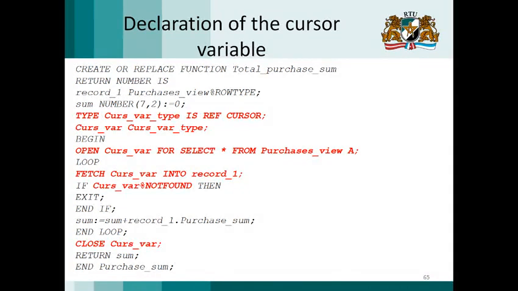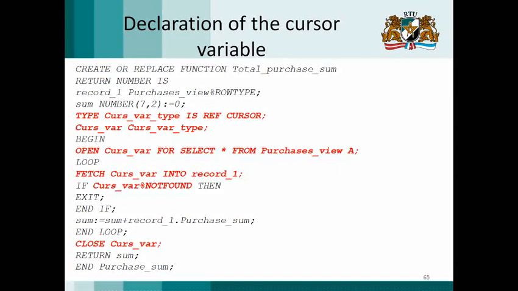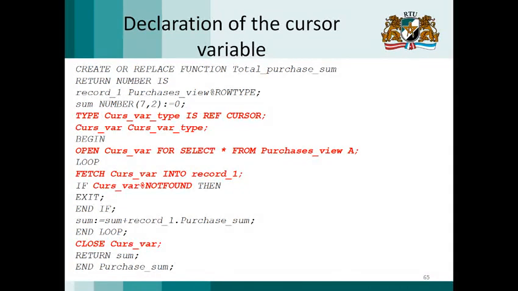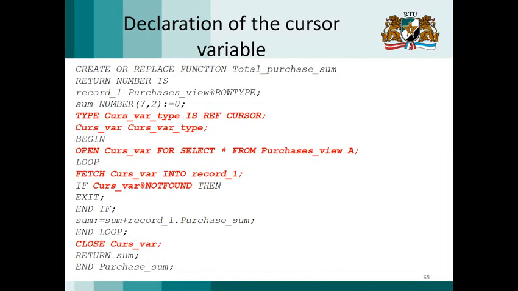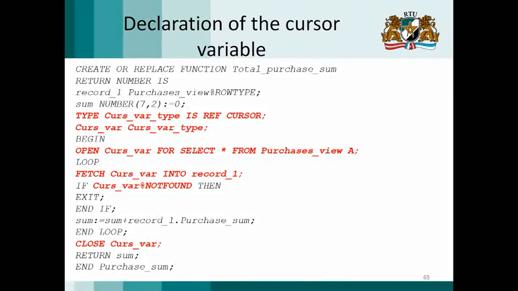And then we can just fetch the cursor variable into the record, just like in the simple cursors. Also, all these attributes are the same, and we also close this cursor variable the same. So the main difference is, as we can see, we need to define this reference, open the cursor and write the whole query.